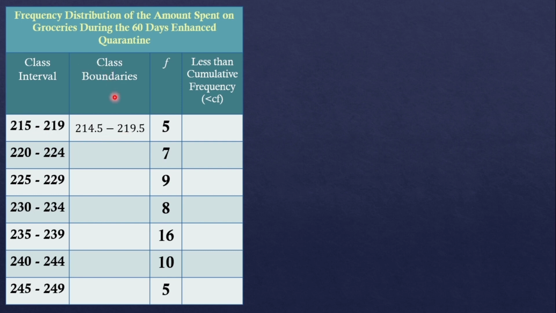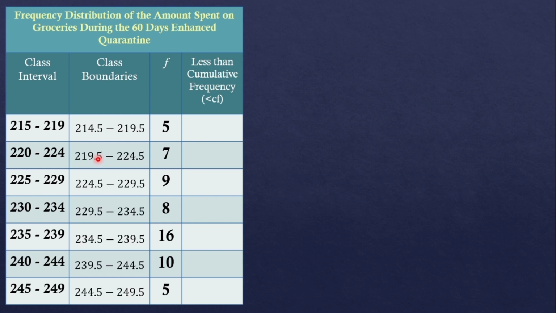So, yun po yung class boundary. So, we have 214.5 to 219.5 as our class boundary. So, ganun din po yung iba. So when we are getting the class boundaries, you just have to subtract 0.5 from your lower limit and add 0.5 to your upper limit. Now, let's proceed.